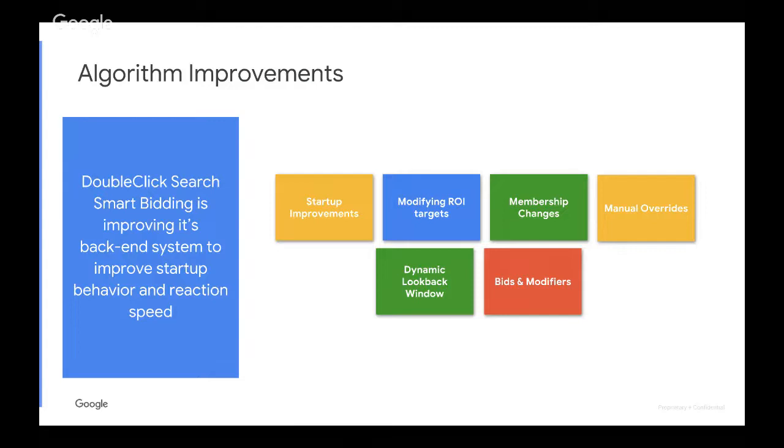Some of the things that you can see in practice are aspects like startup improvements. The new algorithm is less volatile when launching a new bid strategy, and it's more stable when you modify the targets, perhaps change campaigns, or if you do manual overrides.